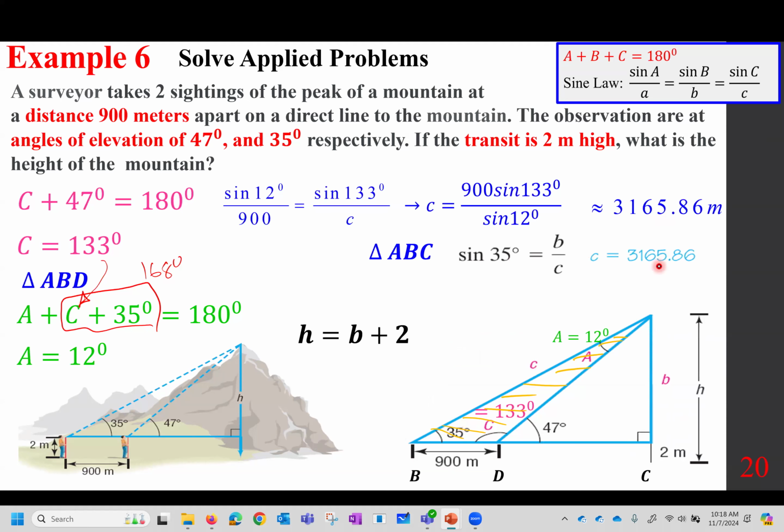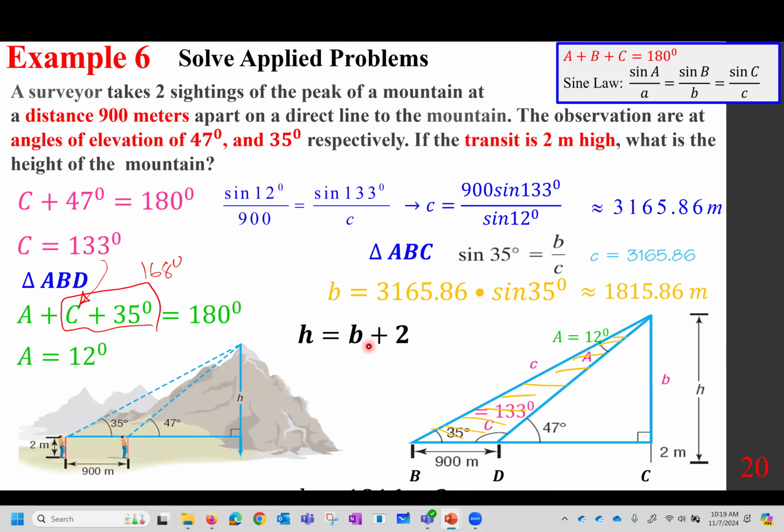And therefore, B is the product of these two numbers, sine 35 times C, which is this number. So B is the product of sine of 35 and this number. And you put it into a calculator, gives you 1,815.86 meters, which means the height is the same thing plus 2.